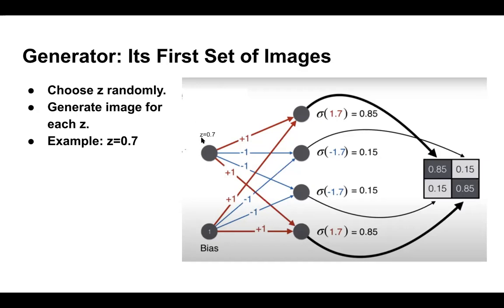It will first choose a random z over here, say z equals 0.7, and suppose it also wants to restrict its z between 0 and 1. So it assumes that this neuron has value 0.7, and again this is the bias term, which is 1, and then we have all these connection weights.